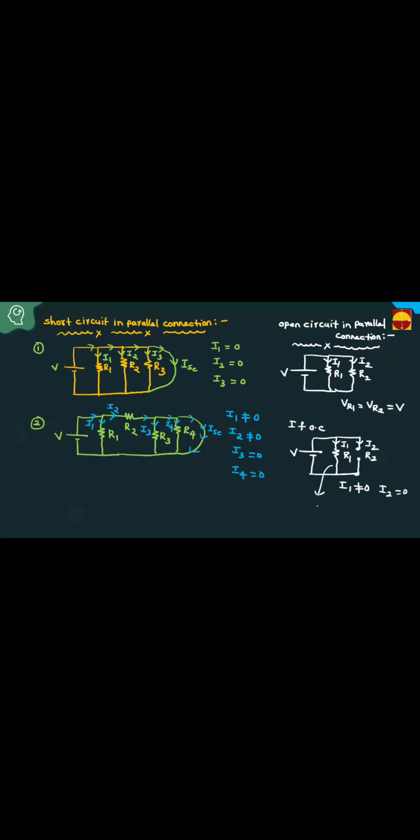But it works normally. It will not damage. This open circuit voltage equals the voltage across R1. Clear? That is, there is no current through the resistor, I2 is 0, but I1 not equal to 0 because of the open circuit. Yeah, these observations are important during solving of the problems.